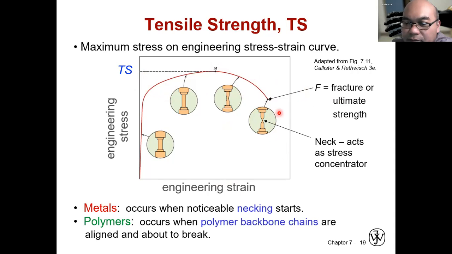It doesn't continue. So the peak of this graph is called tensile strength, while this one, where it breaks and no more can be measured because now the connection is just gone between the upper part and lower part. It just breaks in the middle. Then the stress where it occurs is called the ultimate strength.